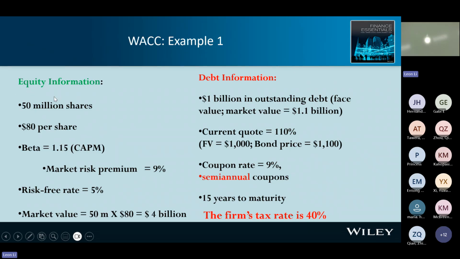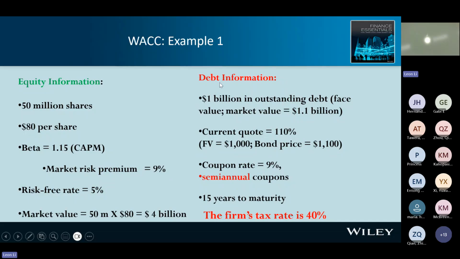And we also need the weight. We need to know the value of equity to decide the weight of equity. We have 500 million shares, and the share price is $80 per share. So the market value of equity will be 500 million shares times 80, which is 4 billion. This is the equity information.